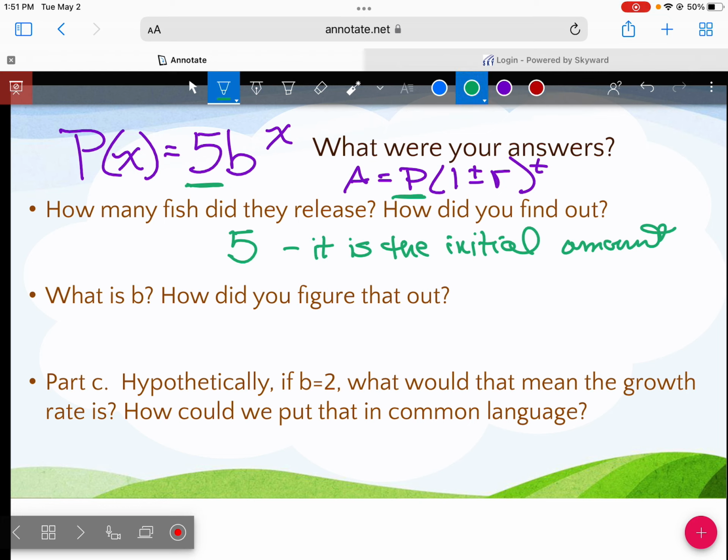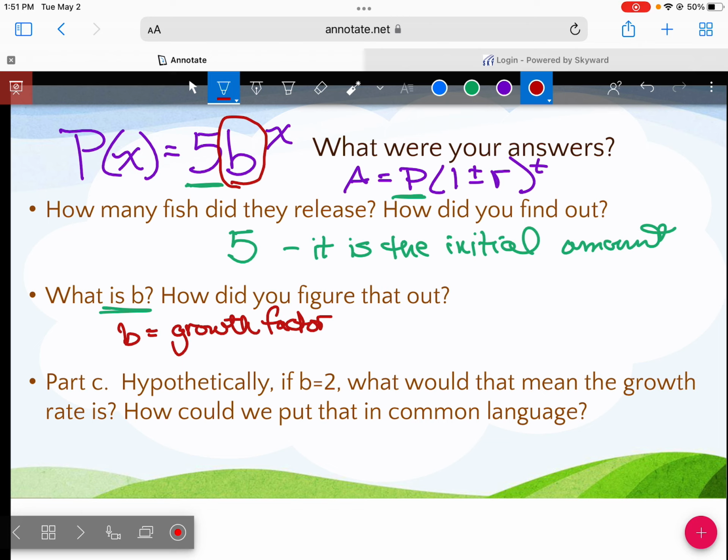How would you describe it? What is this B right here? What do we call this? Besides a variable. Yes, very good. So B is our growth factor. Could be our decay factor, but I get the feeling that these fish are going to be increasing.